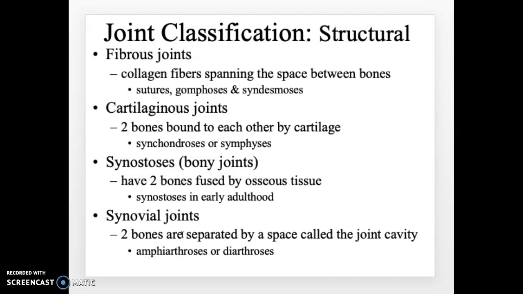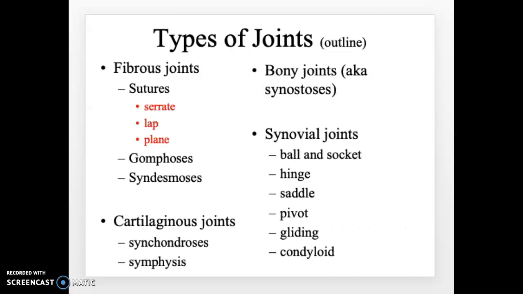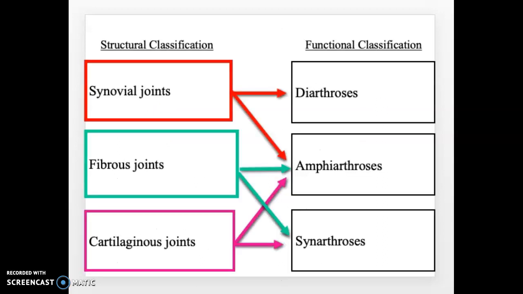Synovial joints are the ones that we think of. These are like your shoulders, elbows, wrists, fingers, all of that. These other types of joints you may not have ever thought about. So, fibrous joints, there are a few different categories. Cartilaginous, a few different ones. Bony joints are on their own, and then synovial joints, there's a bunch. We'll go through each of these.